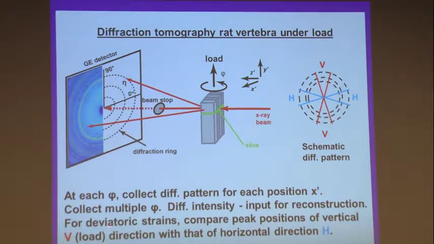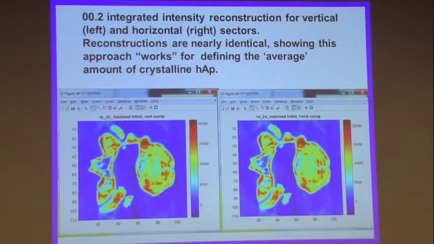And for determining deviatoric strain as a function of position under load, we compare the peak positions, the vertical versus the horizontal direction. So this is an unloaded sample early on, and this is the vertical azimuths reconstruction and the horizontal azimuths reconstruction, and they're identical. That's good. That means we're not getting some skewing effect from sampling different crystallites.